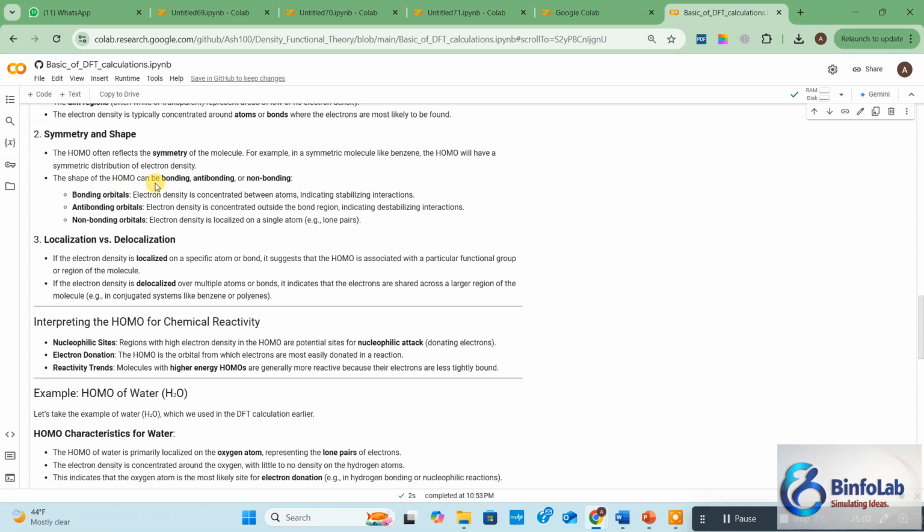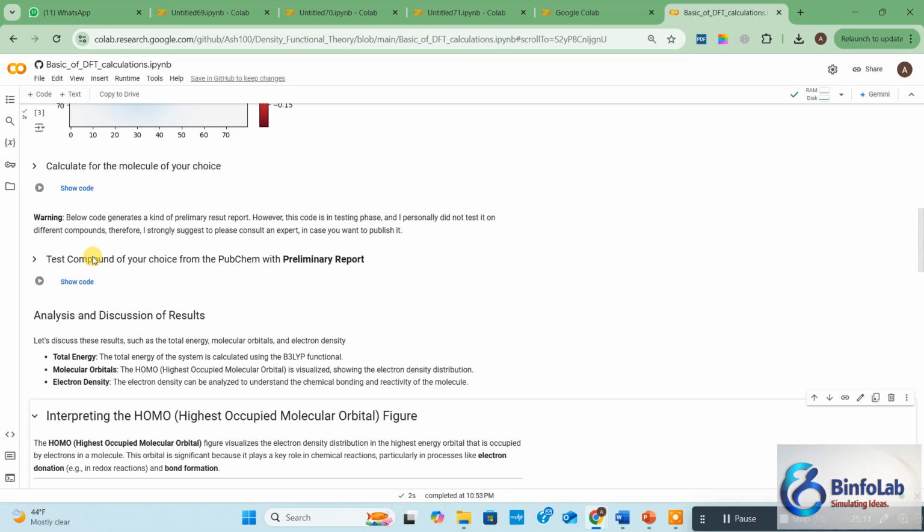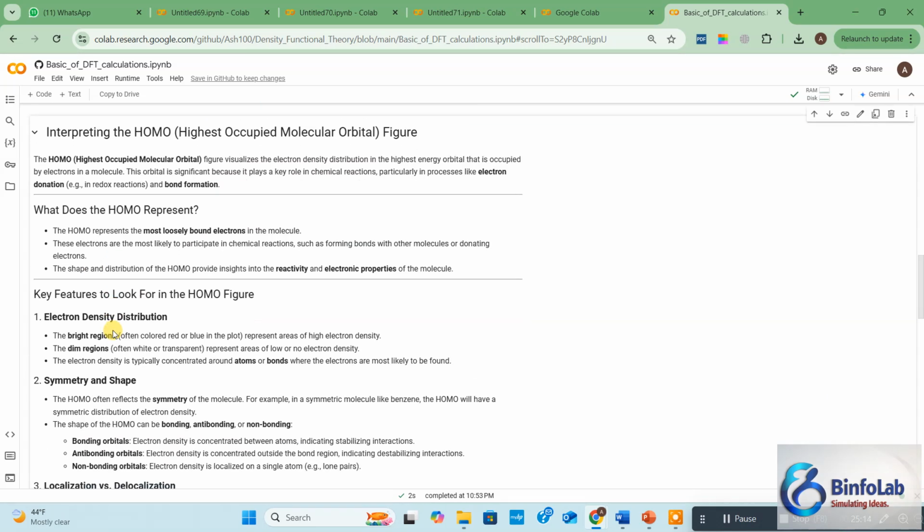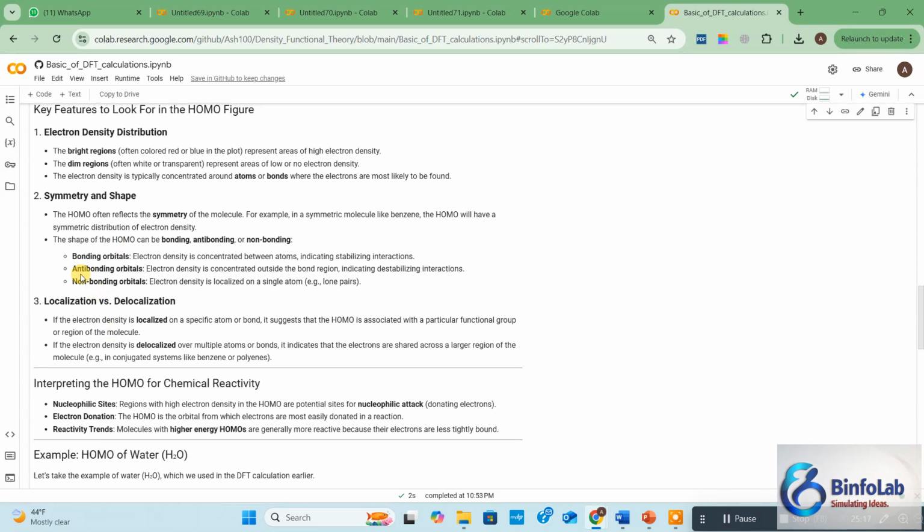Okay. The shape of the HOMO can be bonding, anti-bonding, or non-bonding. So these are also technical terms you need to understand, whether the shape for your compound comes under a bonding orbital, anti-bonding, or non-bonding. How will you understand? If the electron density is concentrated between atoms, it indicates a stabilizing interaction.